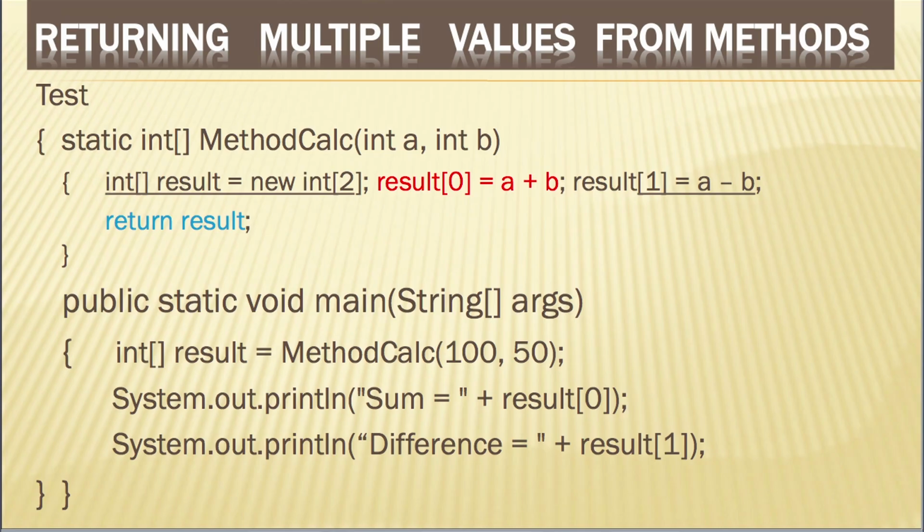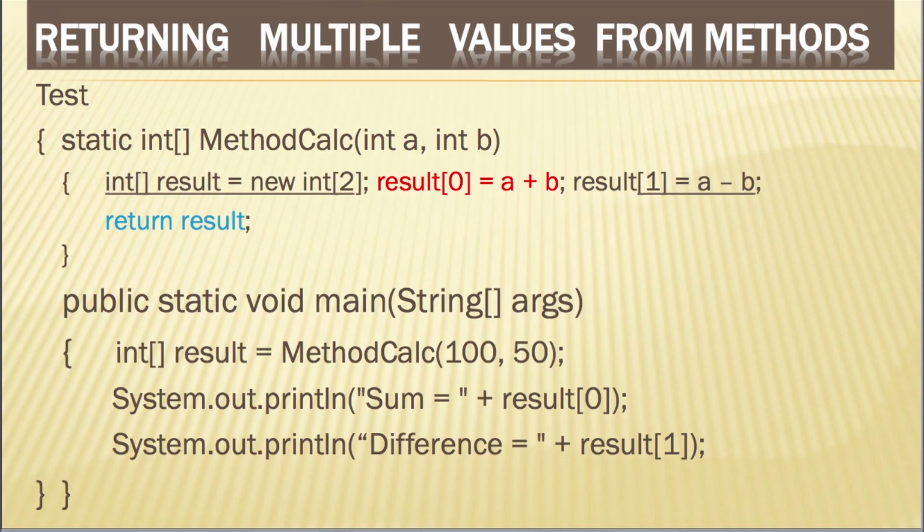So 100 will be transferred to a, and 50 will be transferred to b. When this method calc executes, it will pass 100 to a and 50 to b. And the first statement, you can see, is integer result equals new integer 2.